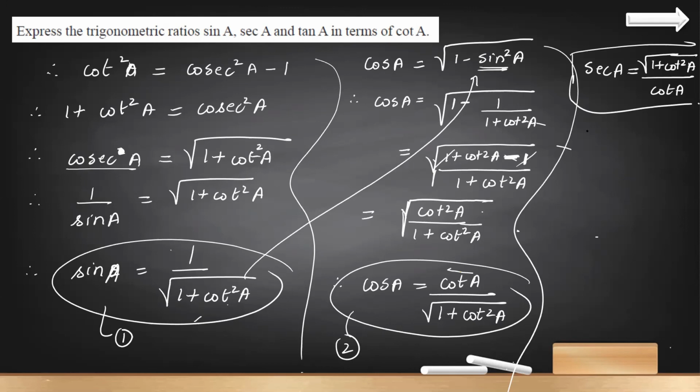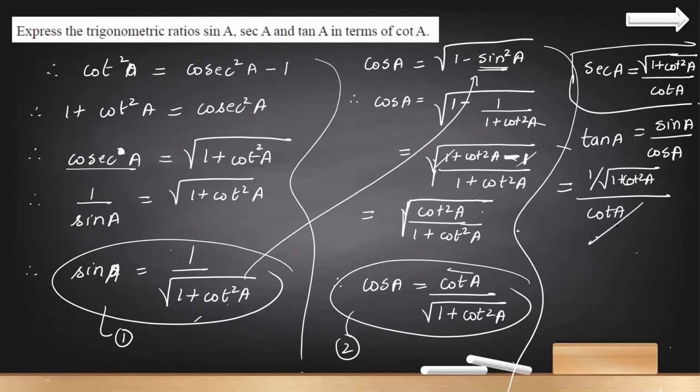Now, the third last thing we want is tan A, and we know we have sine, we have cos. Tan A is equal to sine A upon cos A. So this is equal to sine A is 1 upon root 1 plus cot square A, the whole upon cos A, which is cot A again under root 1 plus cot square A. So this and this gets cancelled.